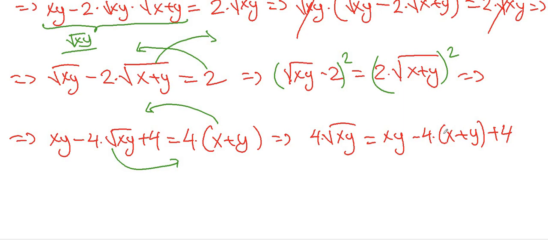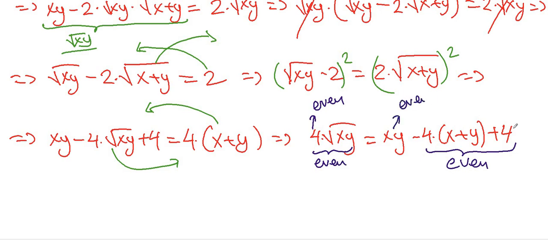Let me analyze the last equation, and we see that these two terms are even numbers. Moreover, on the left hand side this coefficient is also even, so this whole multiplication will be even, and it gives us that xy also must be an even number.